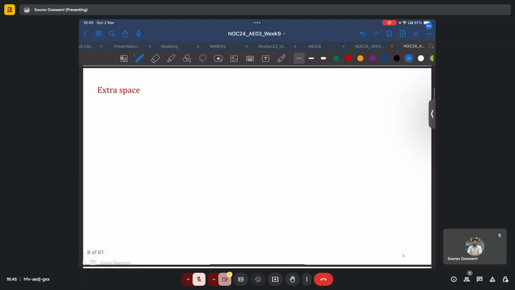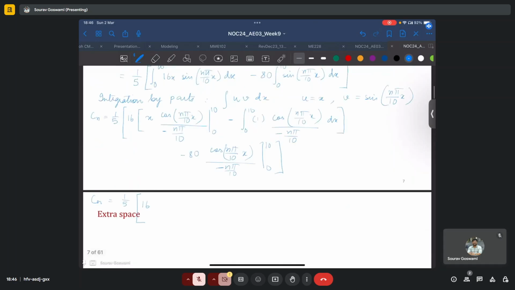Let us simplify this. So Cn then equals 1/5 into 16 times, what is this first term?